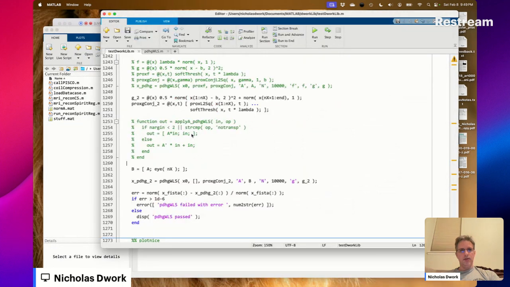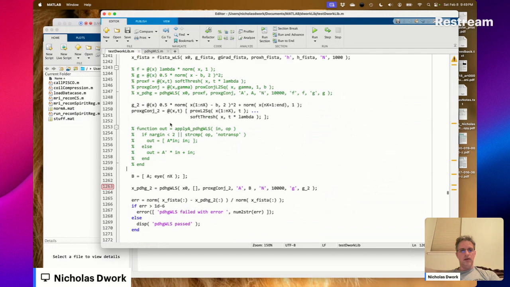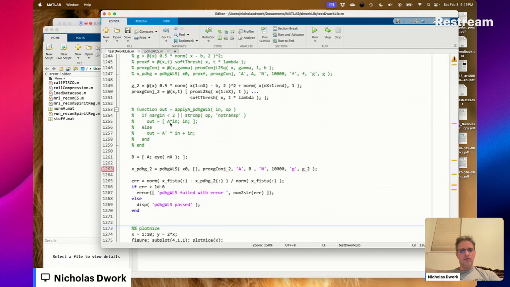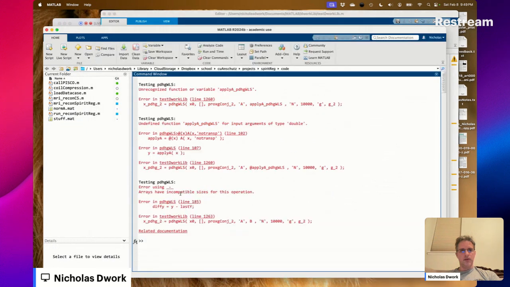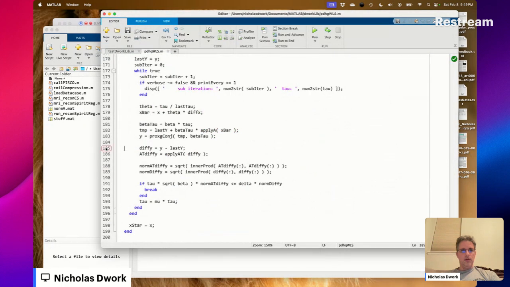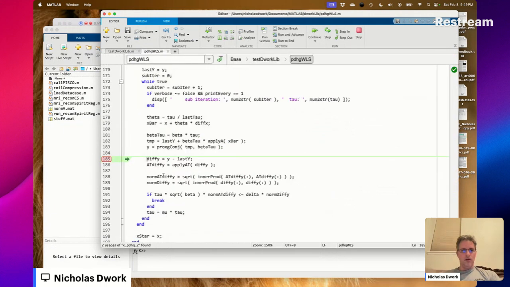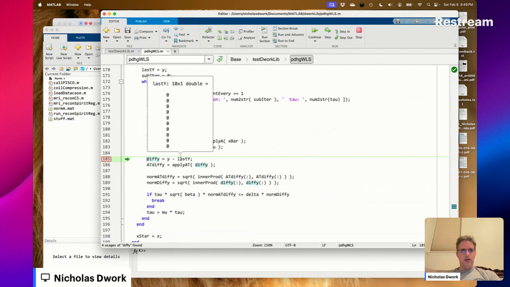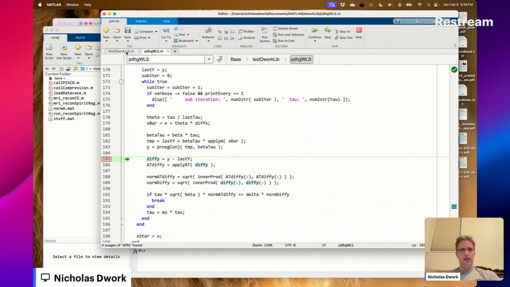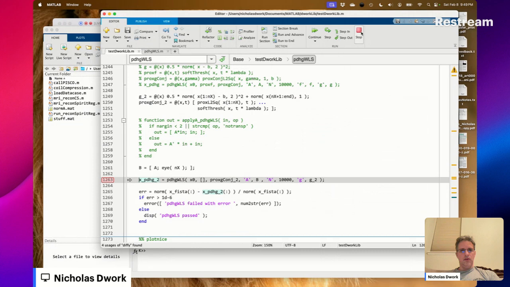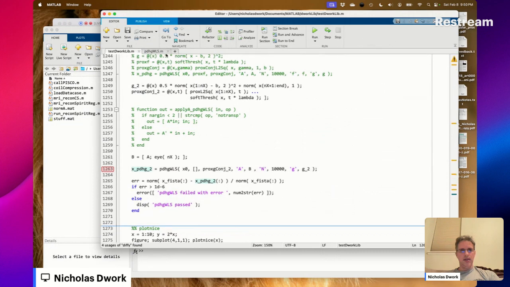Have incompatible sizes. Y is 13. Last y is 10.